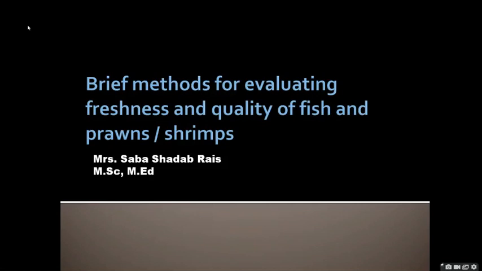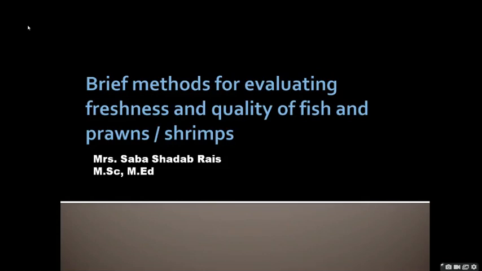This rigor mortis is one of the stages where, if it is maintained properly, the fish quality is evaluated on the basis of it. So we are going to observe the fish freshness.